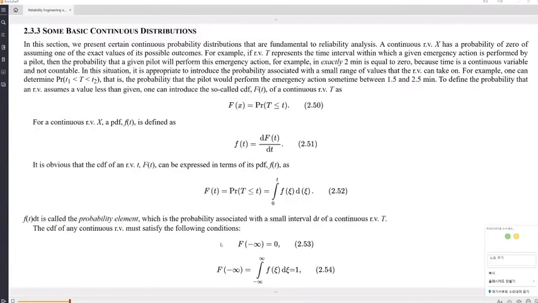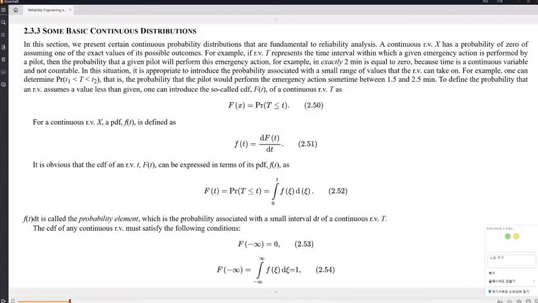These were examples of continuous probability density functions. Some basic continuous distributions. Now, instead of discrete random variables, we are going to deal with continuous random variables. One example is that t represents the time interval within which a given emergency action is performed.